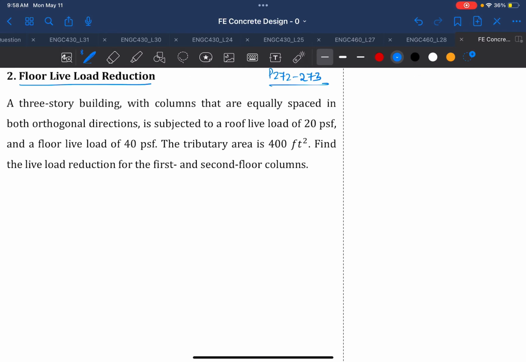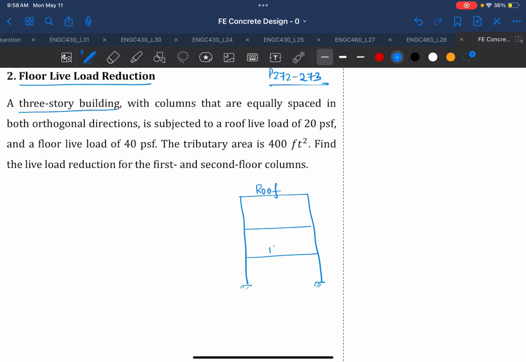So in this case, you have a 3-story building, with columns that are equally spaced in both orthogonal directions, and is subjected to a roof live load. So we have here the roof at the top, and because it is a 3-story building, we have 3 floors.